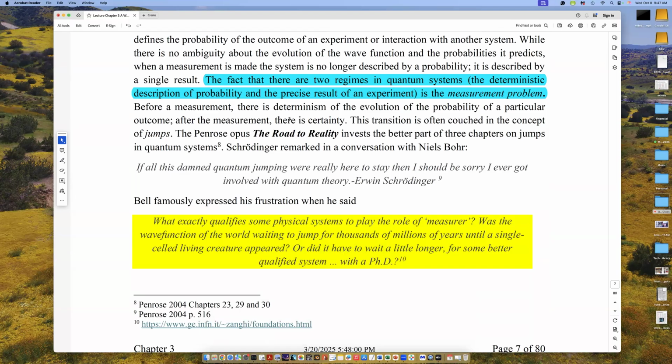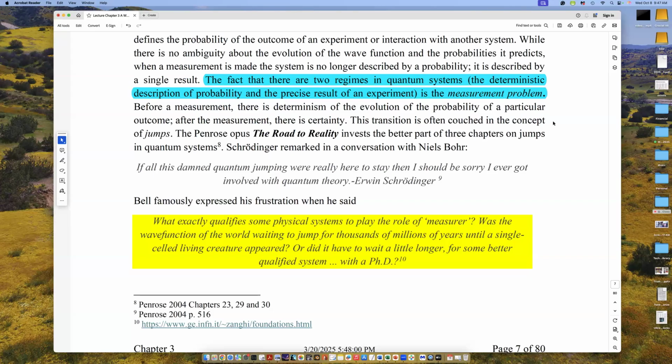And part of the emergence of a controversy related to quantum mechanics was this idea that we have a measurement problem. I've highlighted it right here.